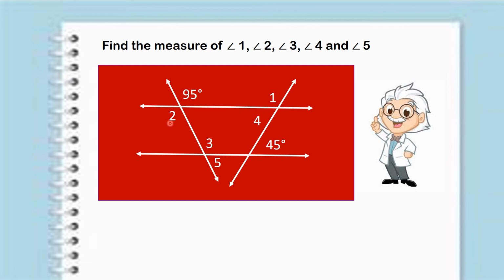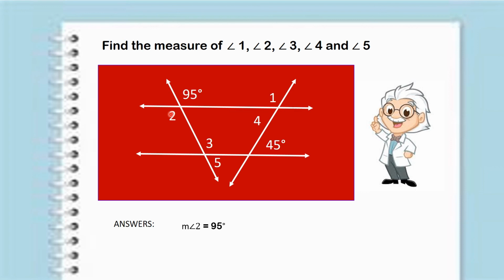So let's find first the measure of angle 2, since this is closer to this angle which measures 95 degrees. So what is their relationship? They are what? Vertical angles. Yes, correct. So you know already that vertical angles are congruent.